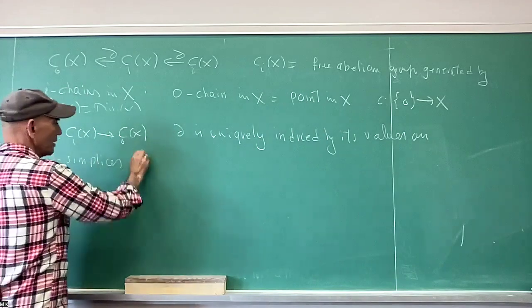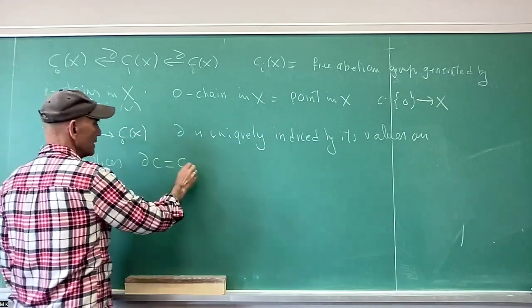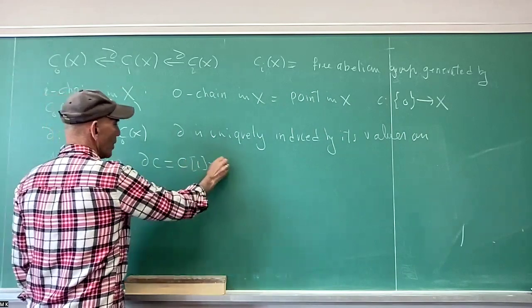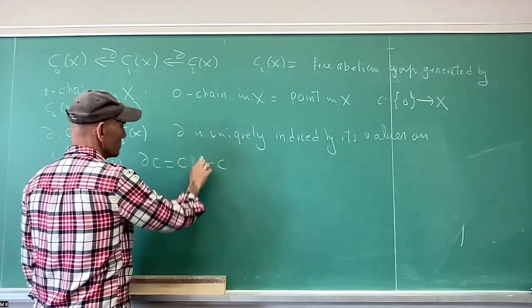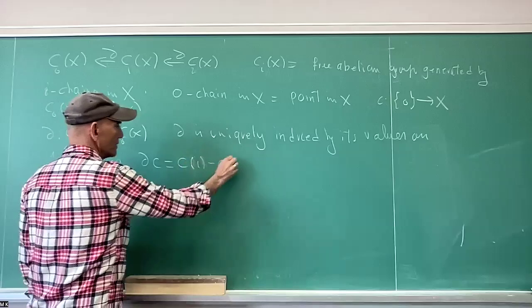So in other words, D of C is equal to C of 1 minus C of 0.